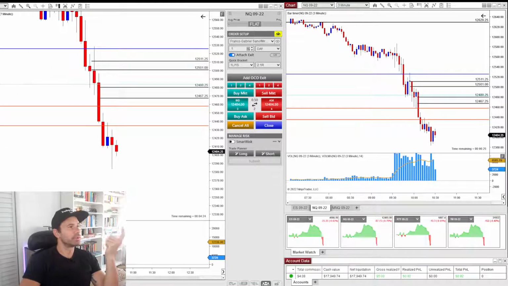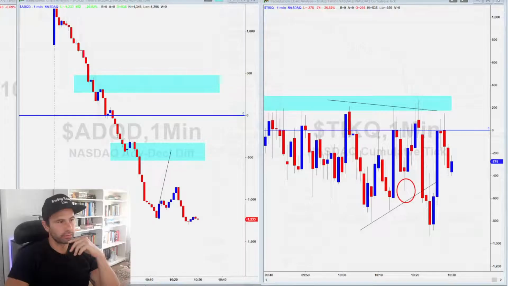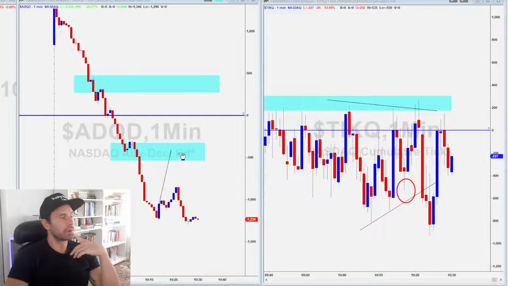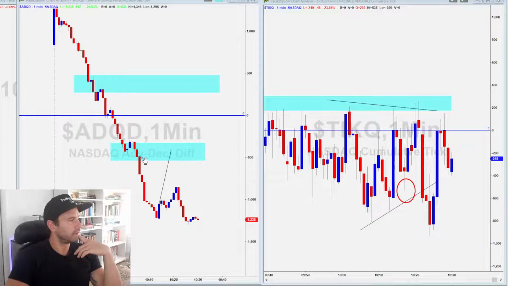Do I have a bullish case? That's the question that I ask myself. Do I have a bullish case? And then I go to the internals and I see here, all right, the ADQD came up. I was expecting these to come to my supply, they didn't, right?